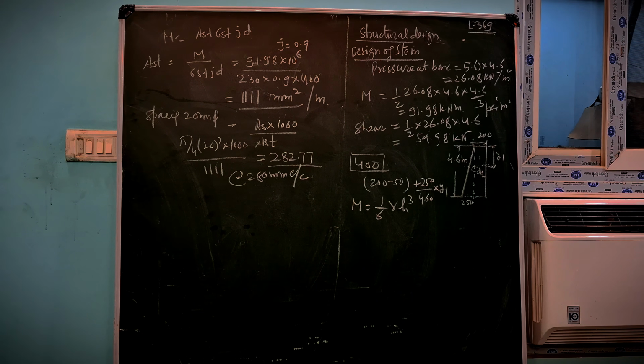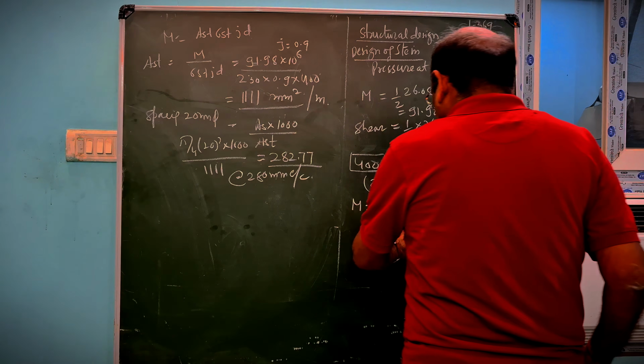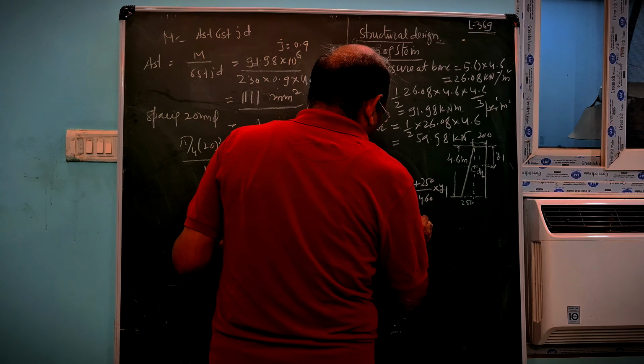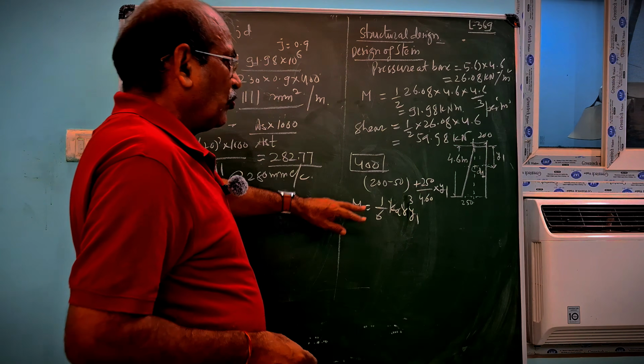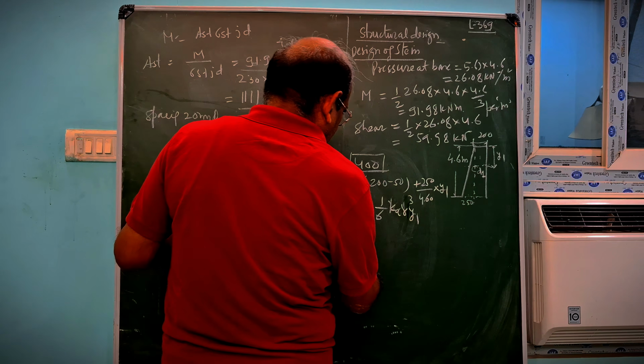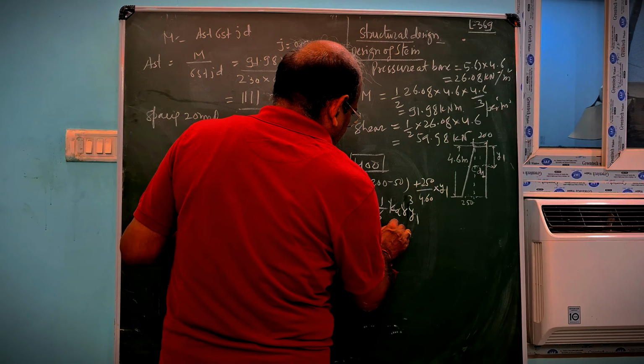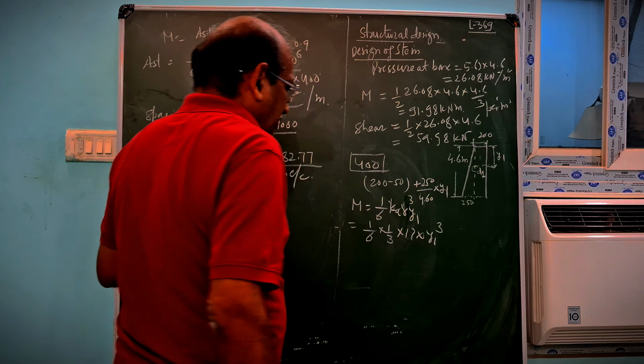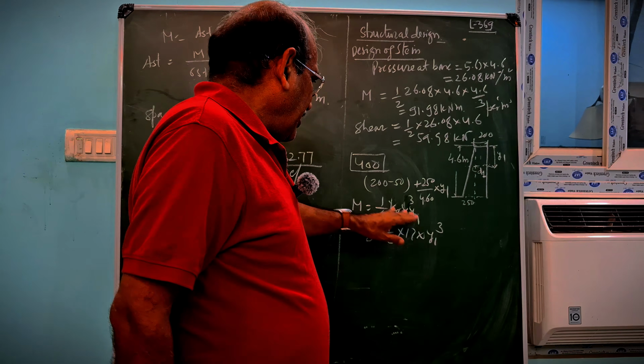This will be gamma h cube into y1, k gamma y1 cube, sorry, k will be there. So this will be k gamma y1 cube. This will be your moment at y1. So you can calculate this thing. So this will be 1 by 6 into 1 by 3rd into 17 into y1 cube.